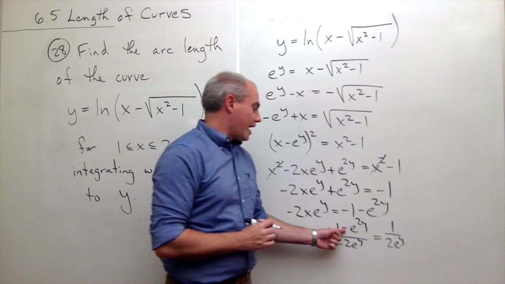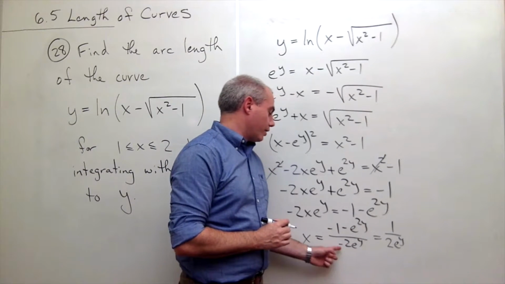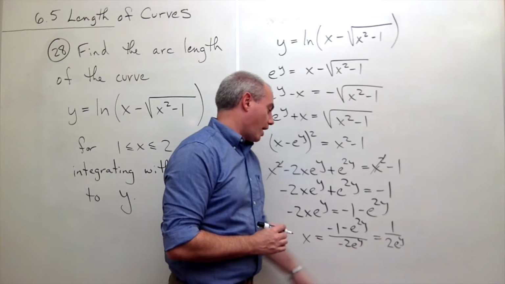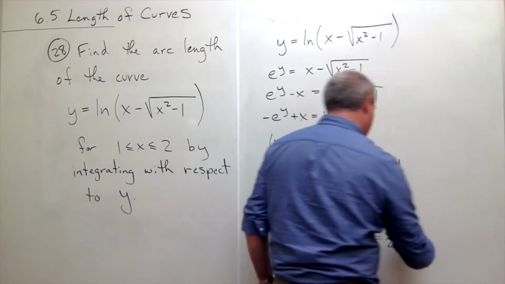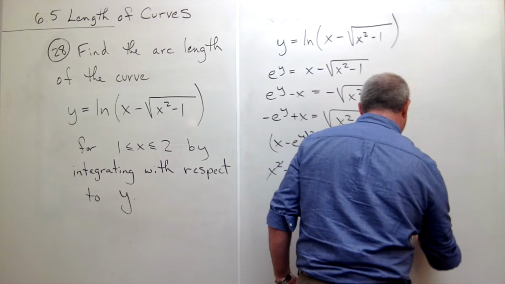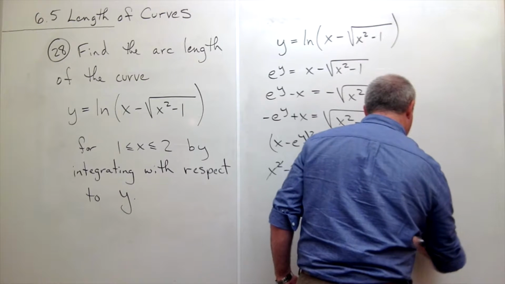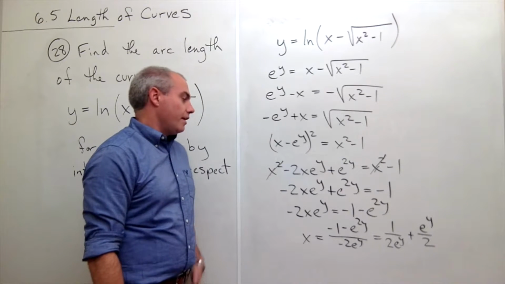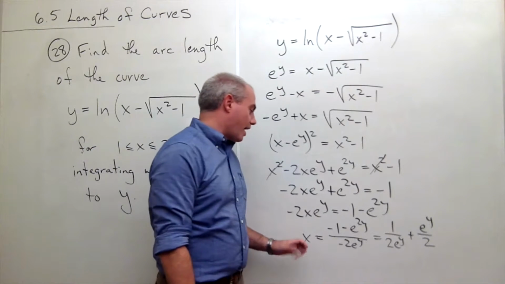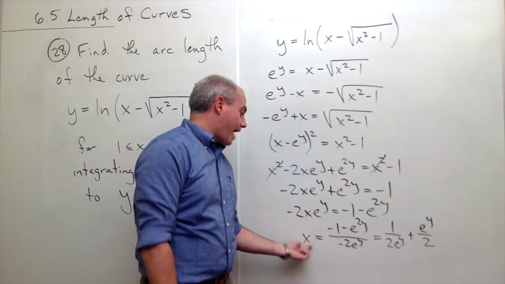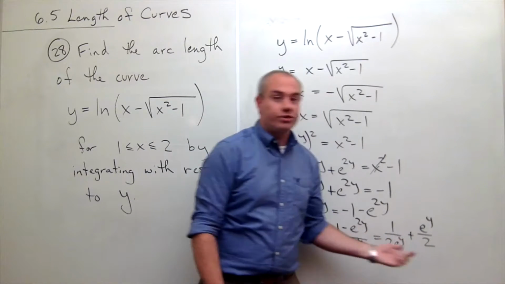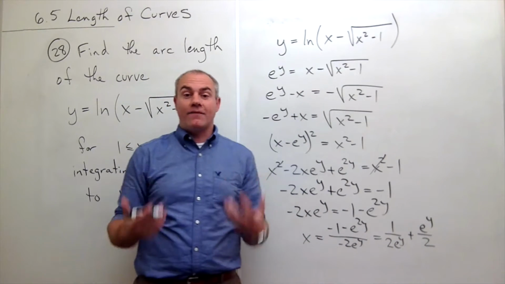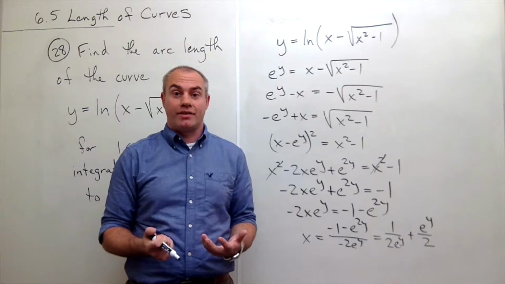And if I look at negative e to the 2y over negative 2 e to the y, then that's just positive e to the y over 2. And that is my function written as x equals some function of y. Now we have some function to work with.